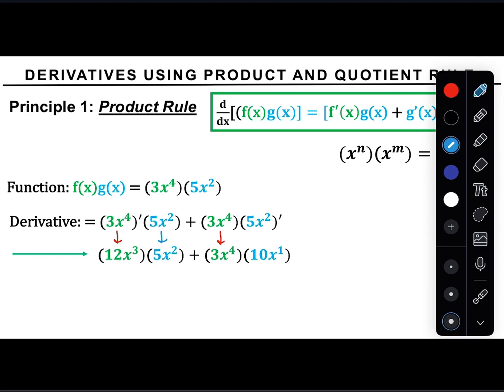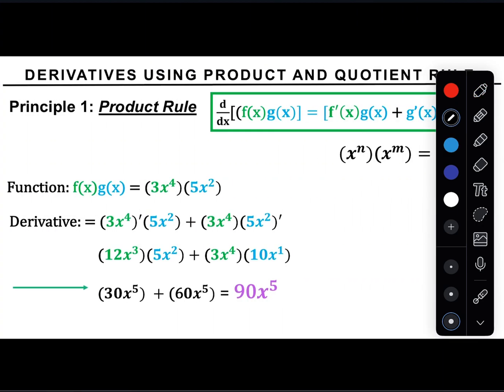And now we have the derivative of g, g prime, regular f, f prime, and g. Let's move on. We can simplify this more. Multiply these two functions together, these two functions, add our results, and you're going to end up getting 90x to the fifth.